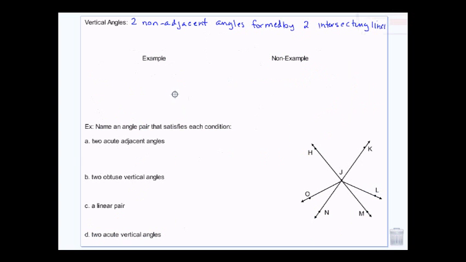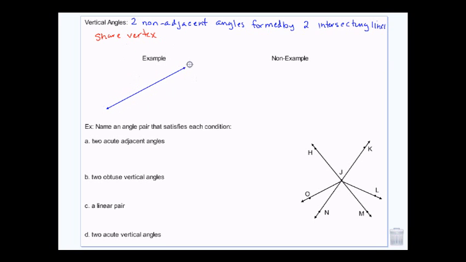Okay, so vertical angles are non-adjacent angles. Oh, shoot. I forgot to put that they share a vertex. So they're two non-adjacent angles that share a vertex. They're formed by two intersecting lines.